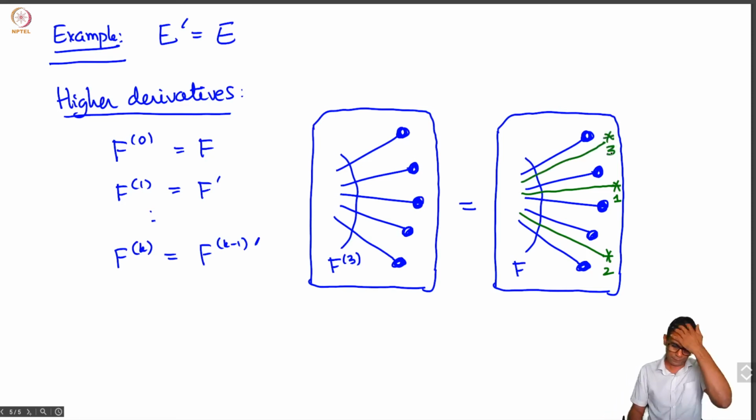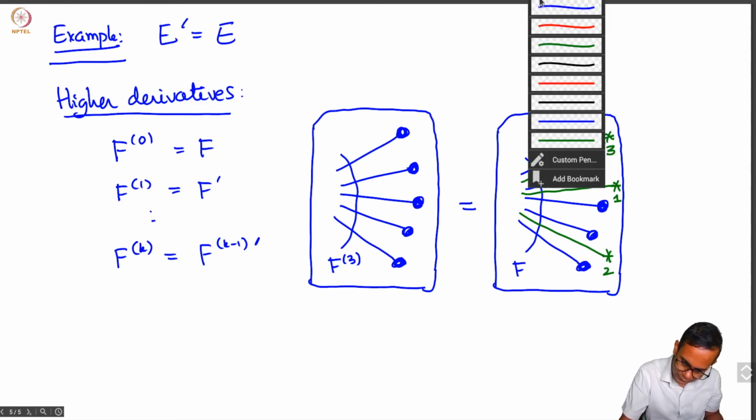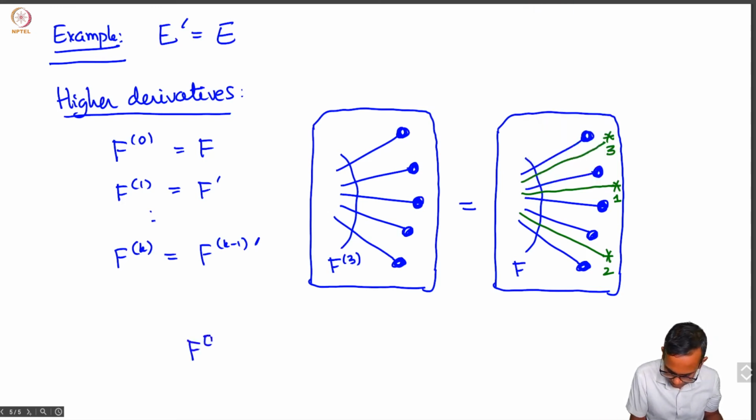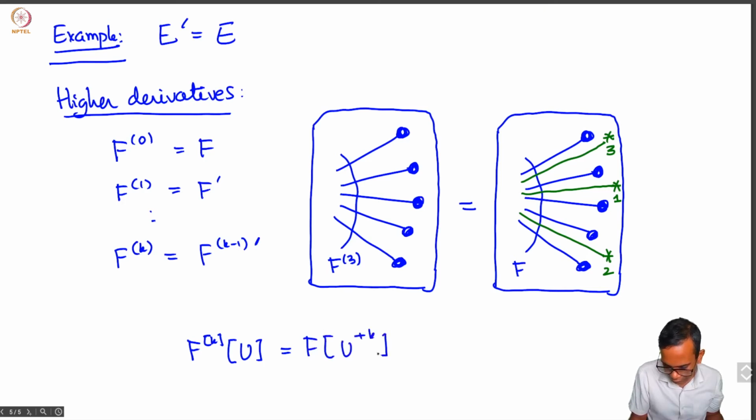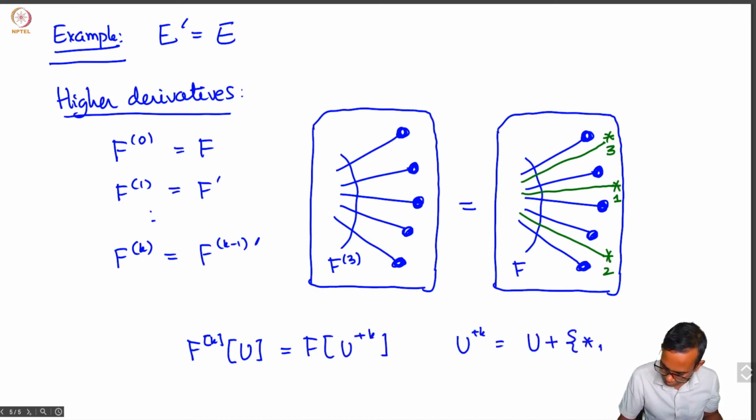So what we can say is that fk of U is f of U plus k, where by U plus k I mean U disjoint union star 1, star 2, up to star k, new points which are distinguished from each other.